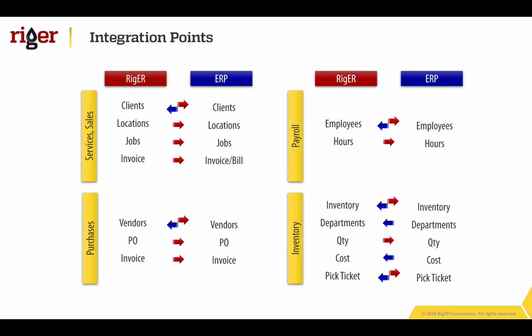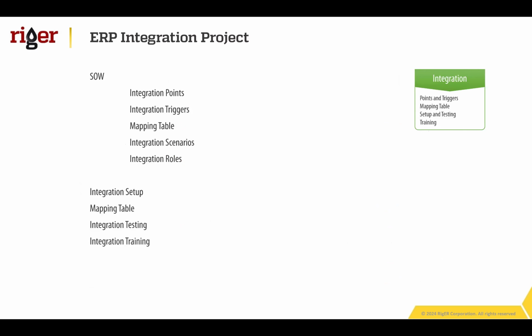To run this smoothly, we need to describe this first: understand the integration points, integration triggers, mapping tables, the integration scenarios, and integration roles, so understanding who will be able to do what in what system, etc. After this scope is done, and we fully understand how those two systems will work with each other, we create the integration setup, build a mapping table, test and train the users.